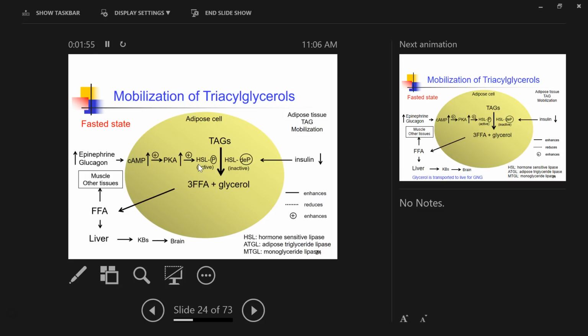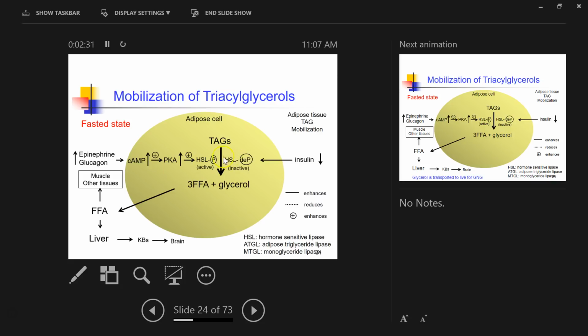but they have a different location, and also these two lipases are regulated differently, right? Based on the physiological condition, like LPL in adipose tissue is activated by insulin during the fed condition. Well, HSL is regulated by the other hormones, like glucagon and epinephrine, and activated during the fasting condition, right?